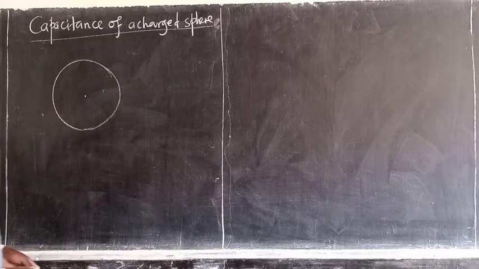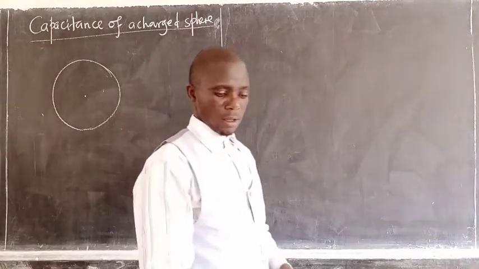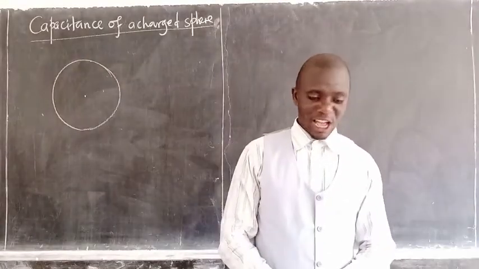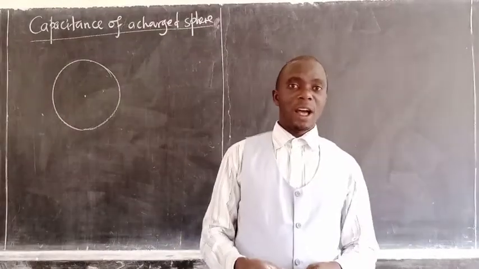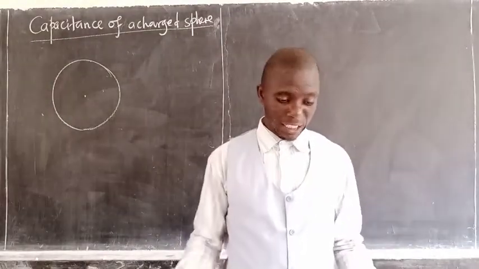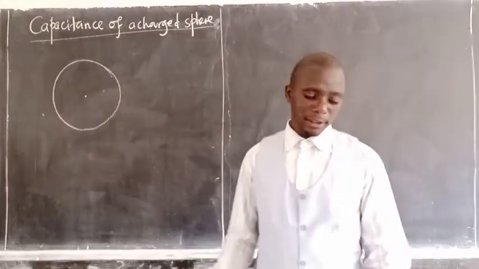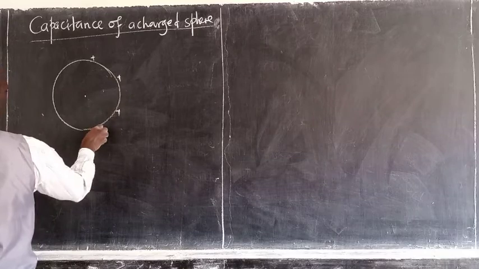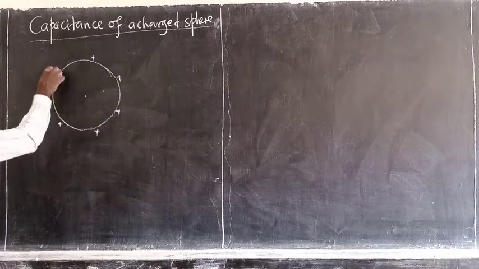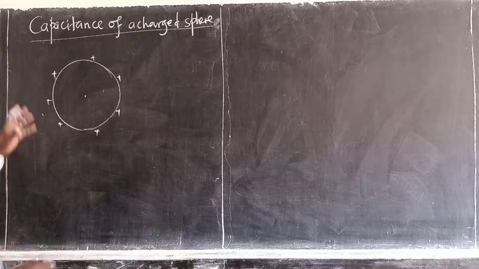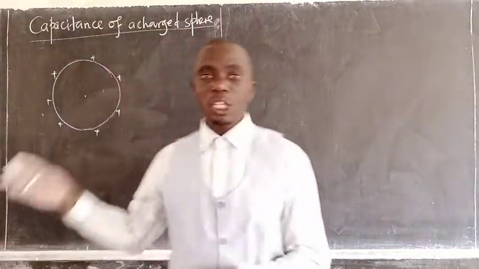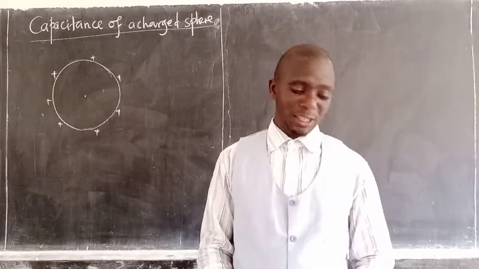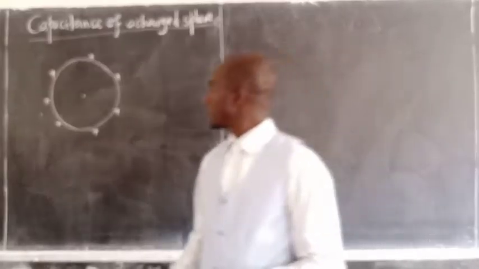Of course, the field lines spread radially along the radius, and that shows as if the charges are concentrated at the center. So let's say this sphere is charged positively. We want to know, if we make a capacitor in the form of a sphere, how shall we be able to calculate that capacitance?